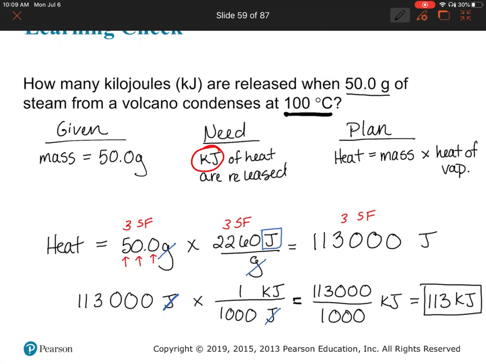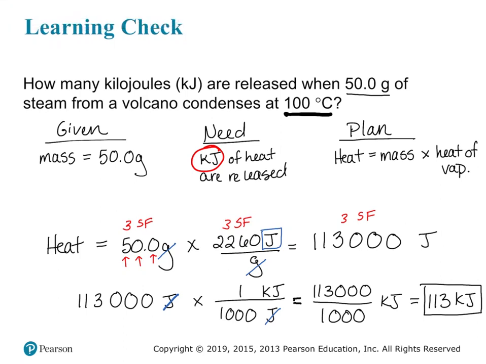And that has 3 sig figs still, so that works out. Okay. So sometimes, again, it's easier to express your final answer by using a prefix in front of your unit, because then, for instance, you don't have to write out all of those zeros. Instead, you can just write it as 113 kilojoules.